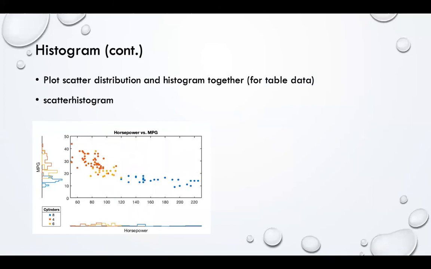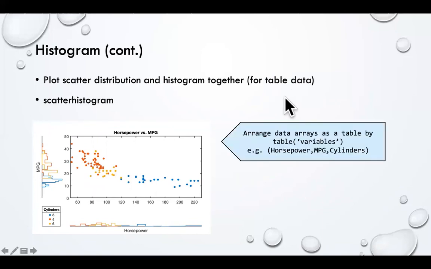For this one, we call it scatter histogram. You can put most of the information, both histogram and scatter plot, in one command. However, the same as the stacked plot we used before, you need to put a table.